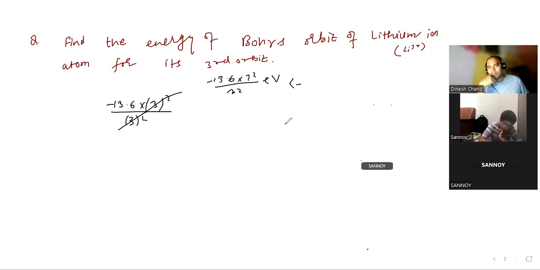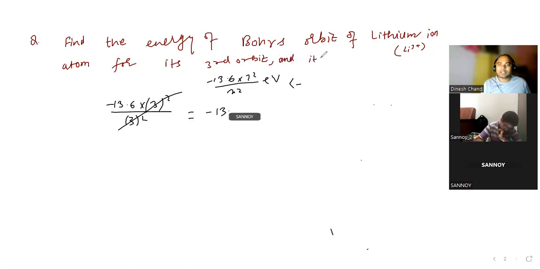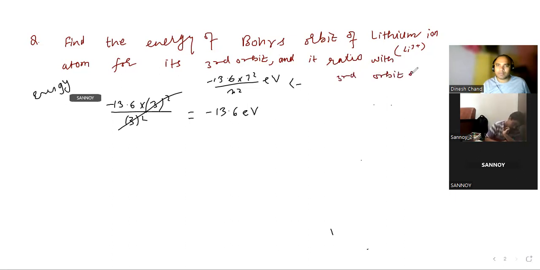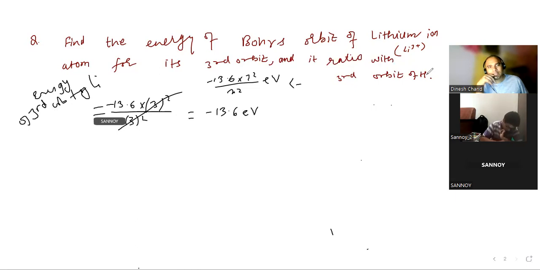One second. And the question also asks for the increase and its ratio with the third orbit of hydrogen. That is correct, no problem.